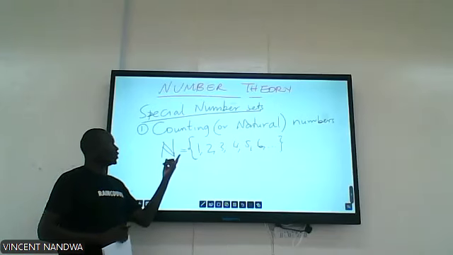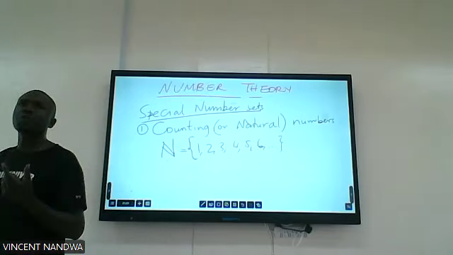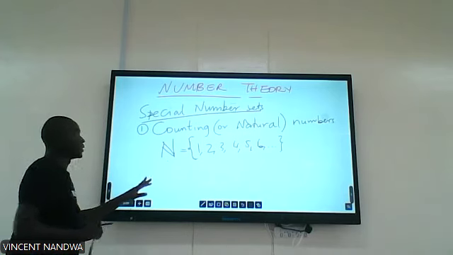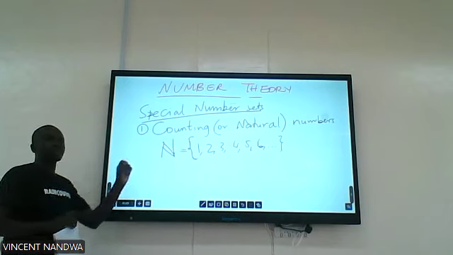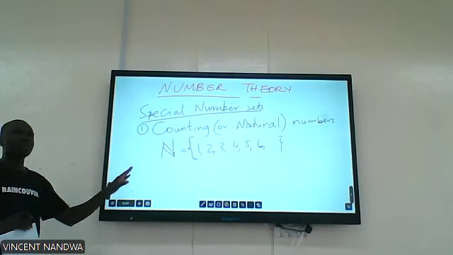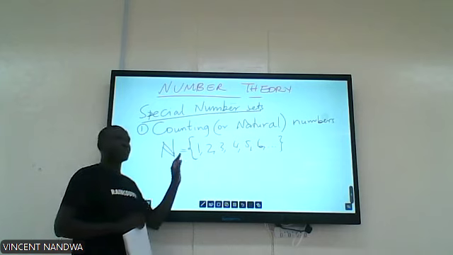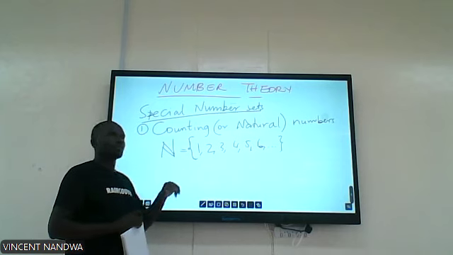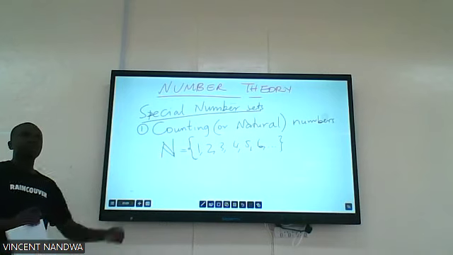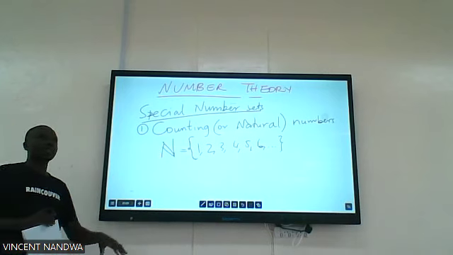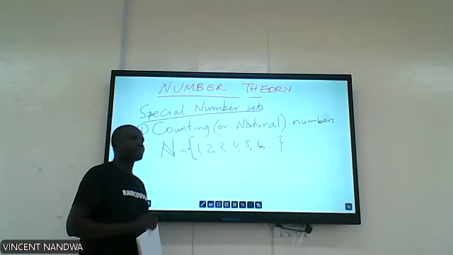When you do addition and multiplication of natural numbers, you get a number within the same set. So we say the set of natural numbers is closed under the usual addition and multiplication, because you pick any two numbers, add or multiply, and get a number within the same set.